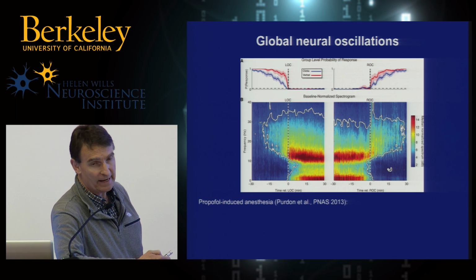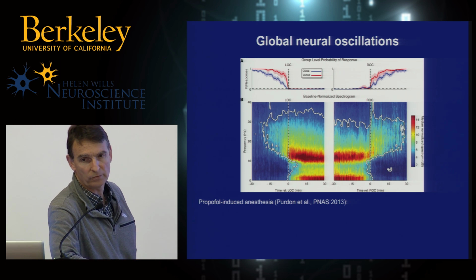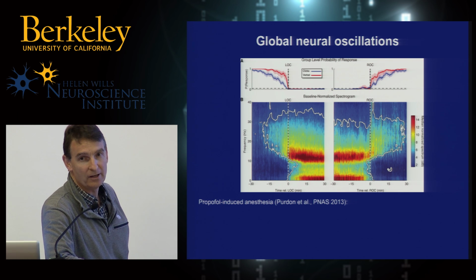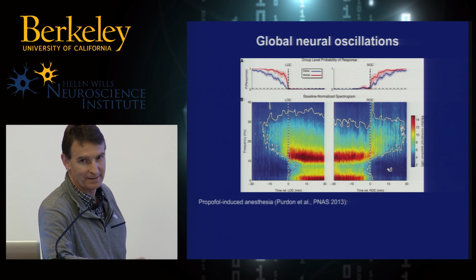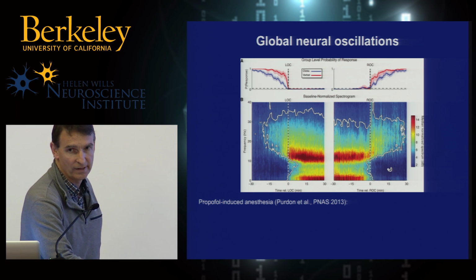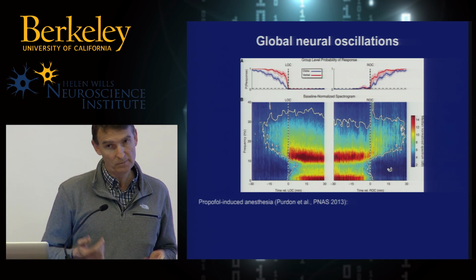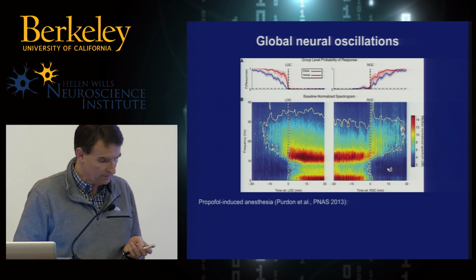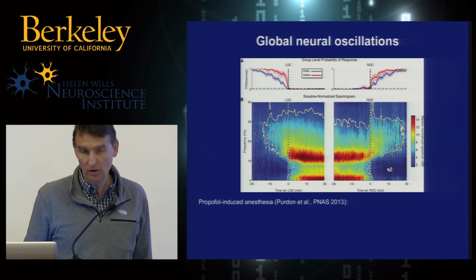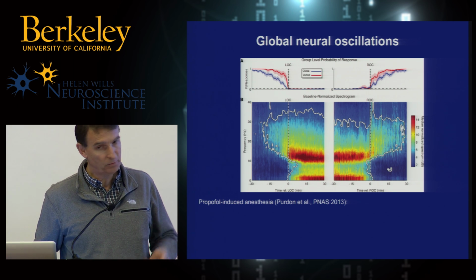You can see that under anesthesia, we see a strong and very global rhythm in the EEG, but not as soon as the brain is in a conscious state. So these strong global rhythms that could look like clock signals are definitely not hallmarks of the regular operation of the brain.